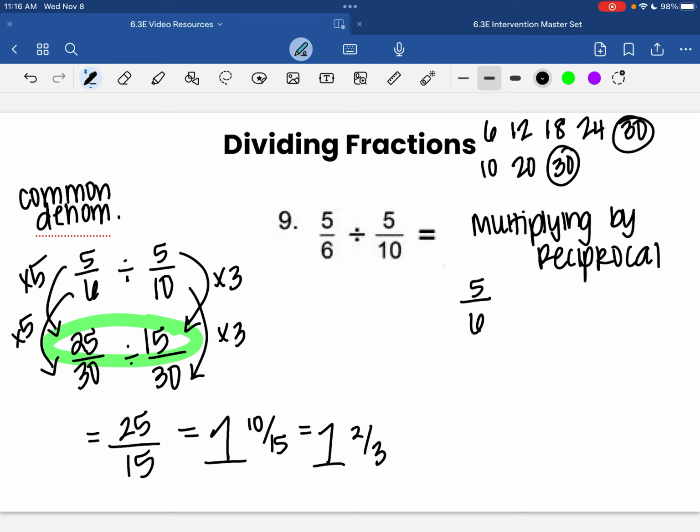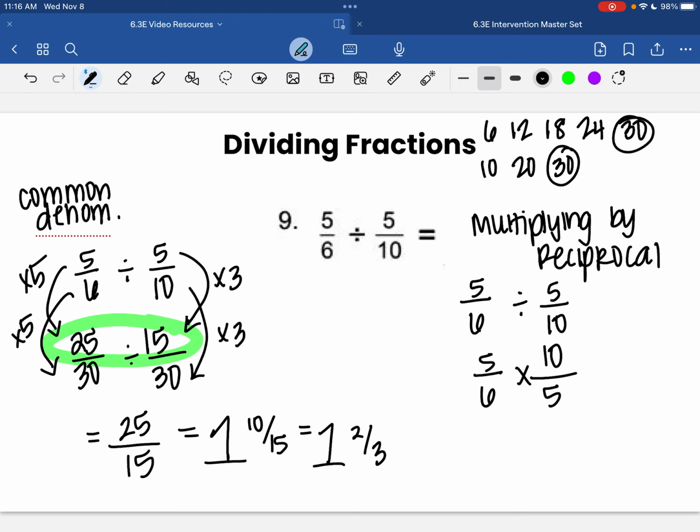Multiplying by the reciprocal means that instead of dividing by this 5/10, I would actually multiply by its flipped version. So I would instead say that 5/6 multiplied by the reciprocal, or the flipped fraction, so that would become 10/5.